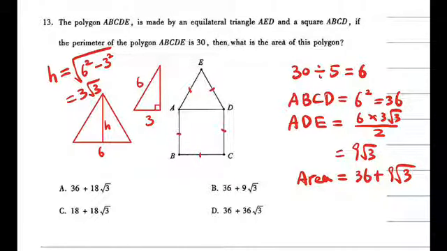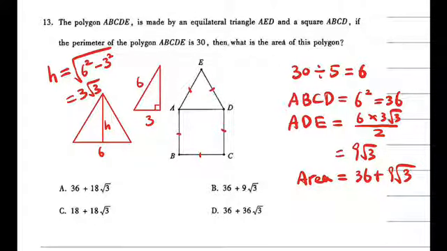Because it is an equilateral triangle, it has 60, 60, 60 angles. If we draw a height, it becomes a 30-60 right triangle. If we know the ratio, we can easily get 3, 3 root 3, and 6.